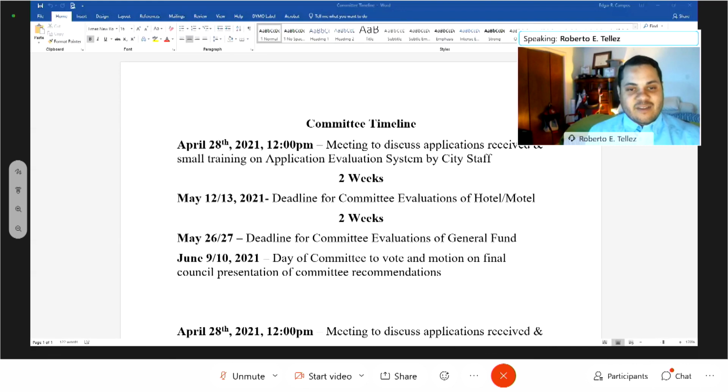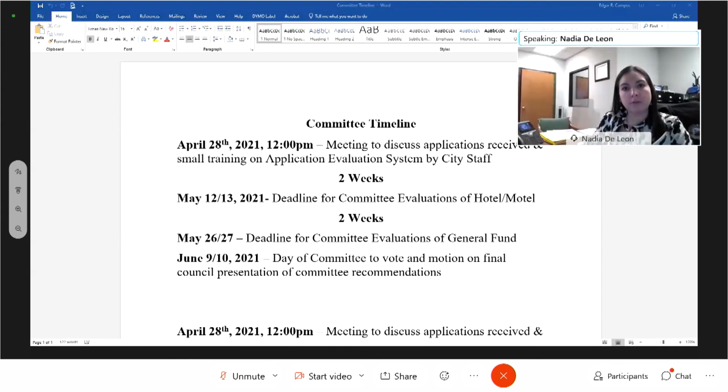So I know Ms. De Leon is our compliance officer. If she wants to add anything to that notion. Yes, and we were instructed something similar, that whenever we send out emails to the board members, for example, in this case, to send email reminders or email information, we use the BCC line on our email. That way nobody sees who's getting copied on the email or the emails being sent to. So we have also been instructed to do that, and that's the way we've been dealing with that business.